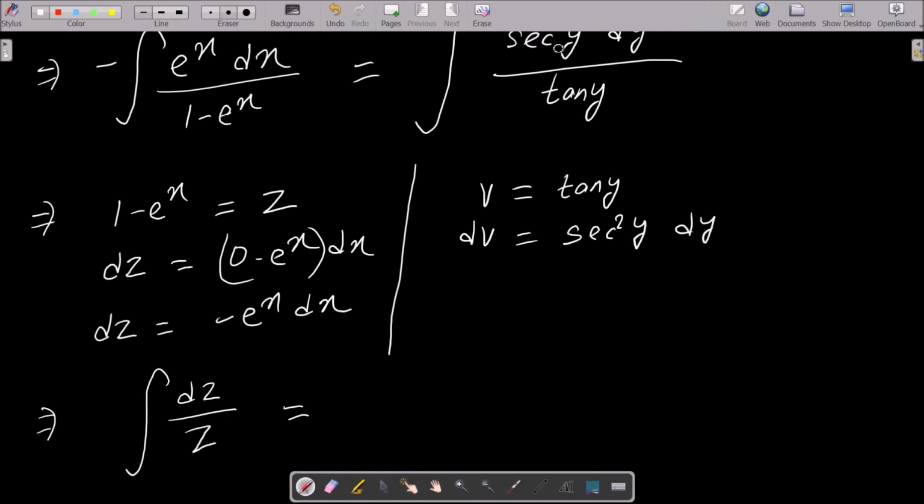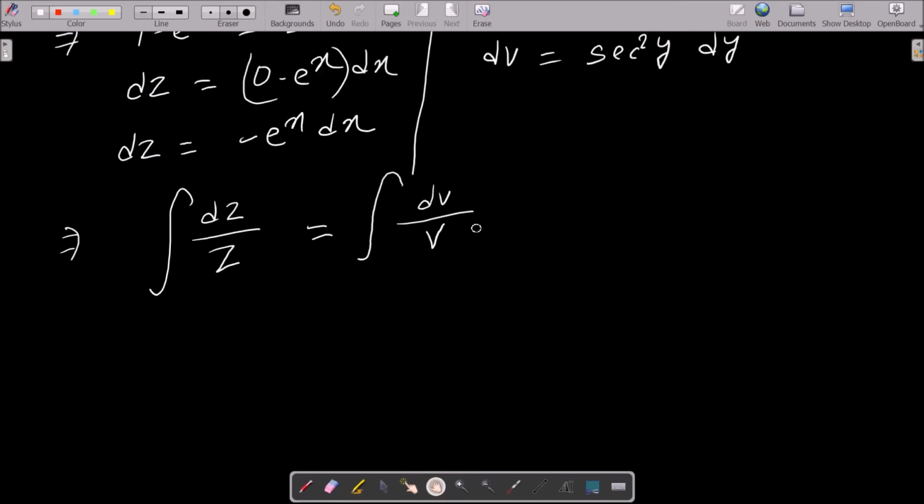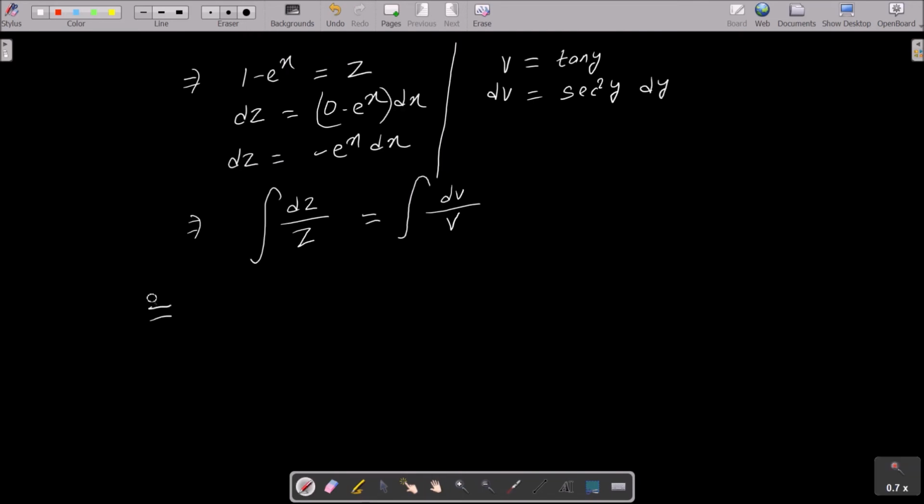After that, in the integration, sec² y dy we can replace with dv, and tan y with v. After that, the integration of 1 by z is log z. Then let's include the constant part, log c, and the integration of 1 by v is log v. Thereafter we need to put the values of z and v.